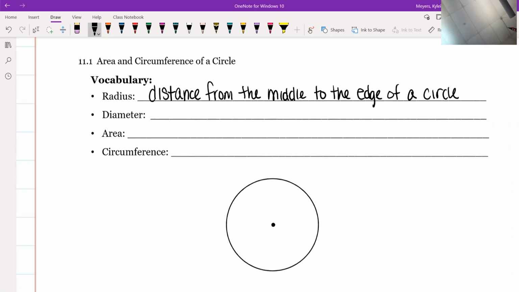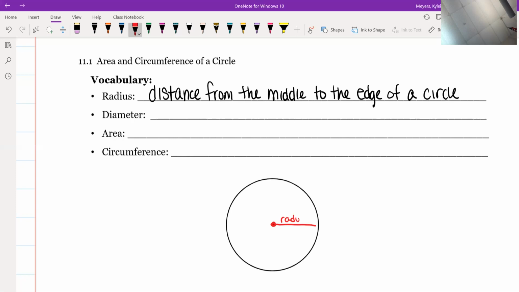What that means is we see this middle point right here, and the radius is from the middle to the edge. And it could be there, or here, or there, or anywhere, right? So it's from the middle to the edge. Generally, we'll see it going straight across. And this is your radius.